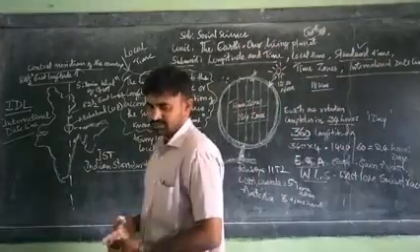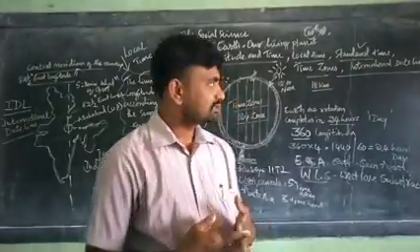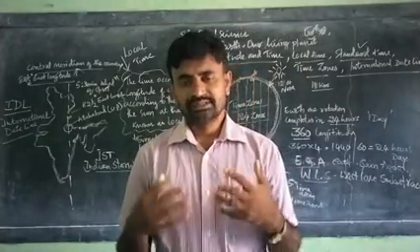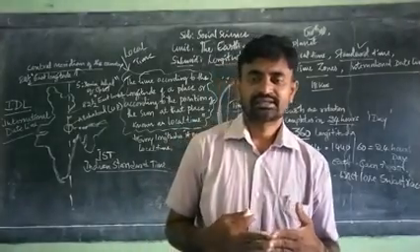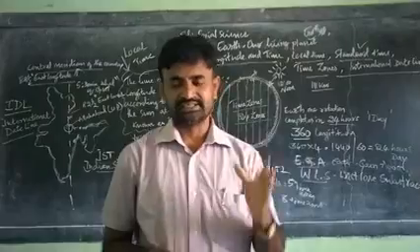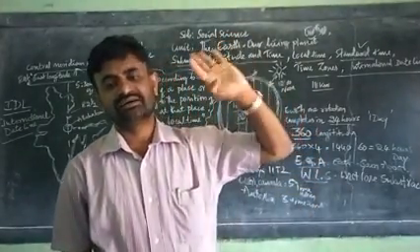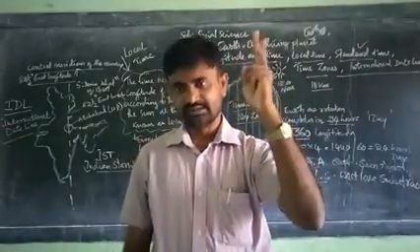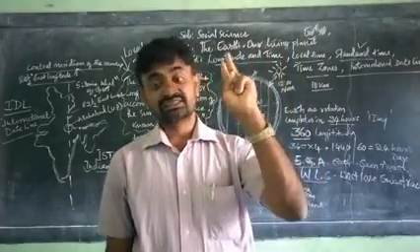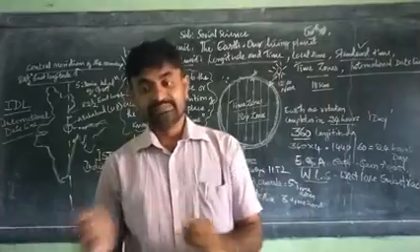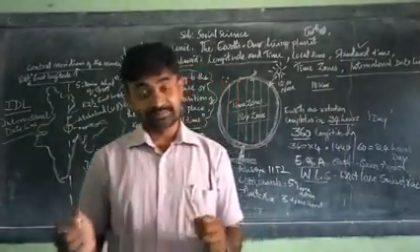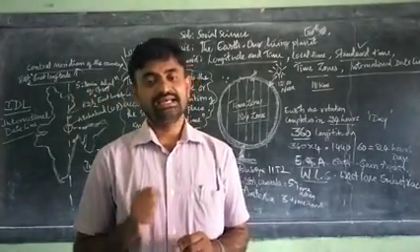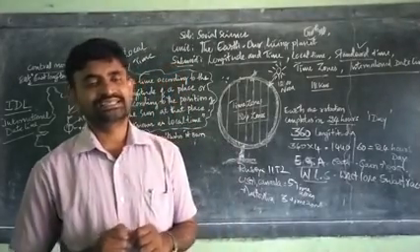Dear students, in this unit many questions arise. Among them, the important questions are these. First, why is the Earth called a living planet? Second, why is the northern hemisphere called the land hemisphere and the southern hemisphere called the water hemisphere? Another one is, what are latitudes and longitudes?